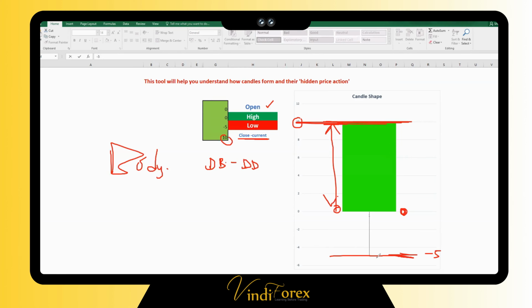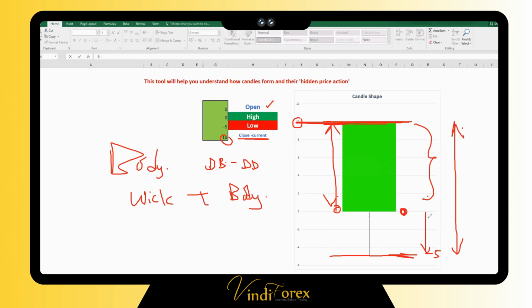So you ask yourself now, since we have a body and a wick, how do you see if it's a strong candle? You start inspecting how big is the body with respect to the overall height of the candle and how big is the wick. I haven't spoken about where is the body.